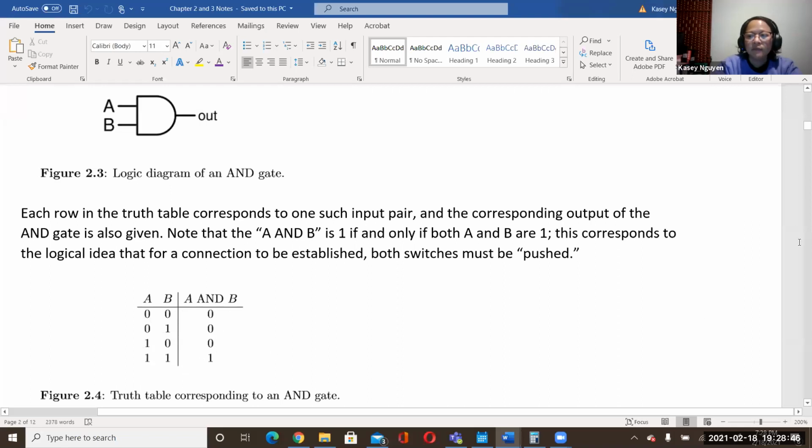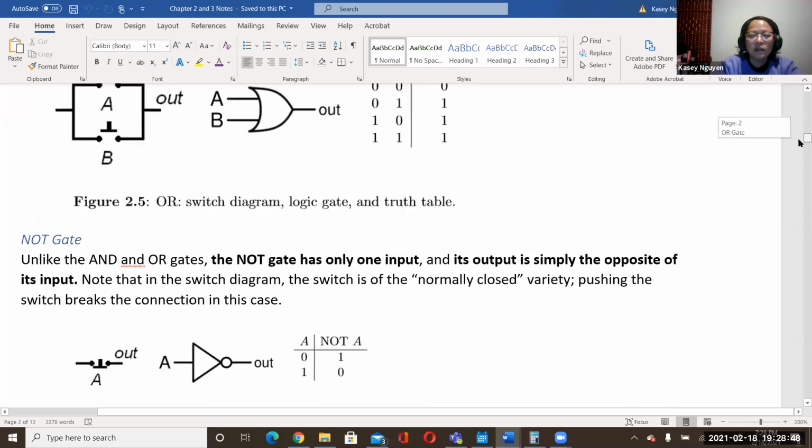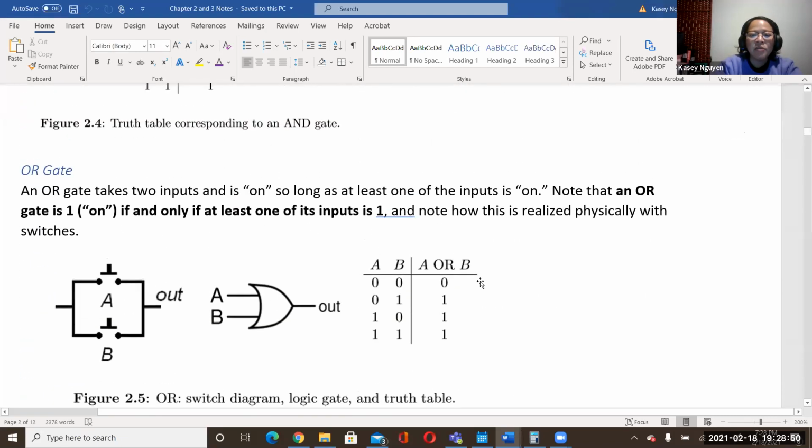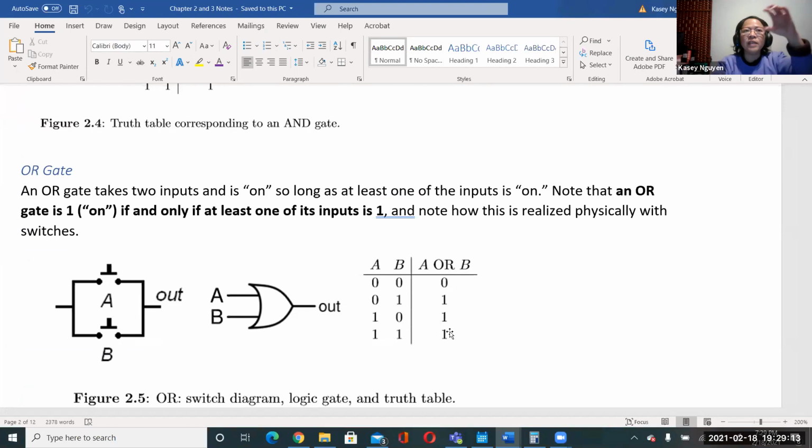For the OR, anytime you have a 1, it's a 1. So 0 or 0 is 0. 0 or 1 is 1. 1 or 0 is 1. And 1 or 1 is 1. In the case where you're writing in Python or C++, you say if this or this, and it only cares about one.